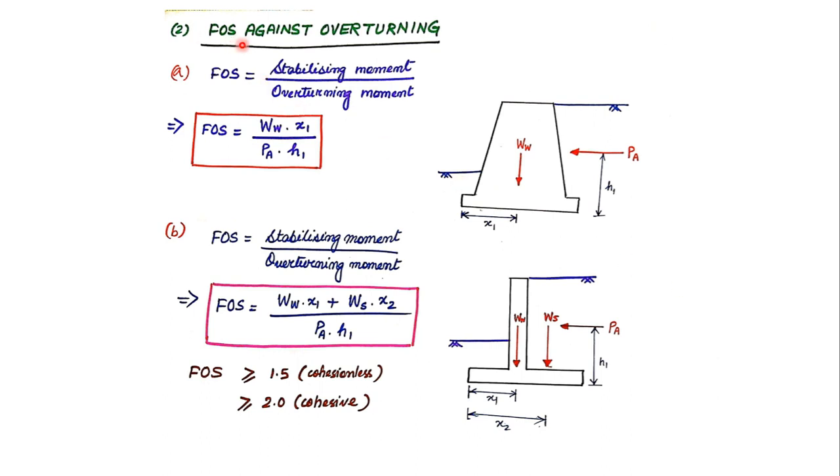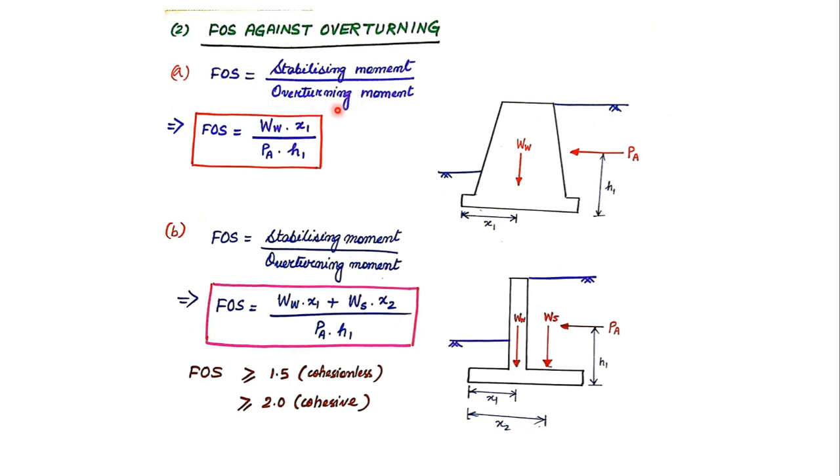Next, let us see the factor of safety against overturning. First we will be looking at the gravity wall. If you look at this diagram, I have two forces. One is the active earth pressure force and the other is the weight of the wall. Now the factor of safety against overturning is given by stabilizing moment divided by overturning moment.